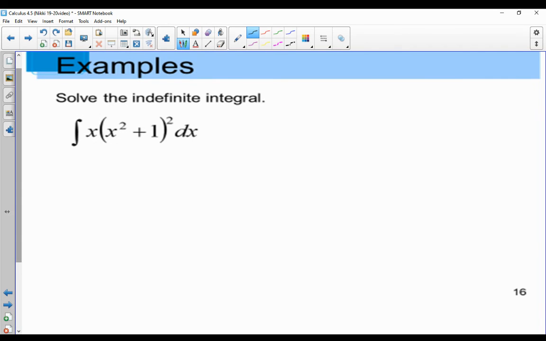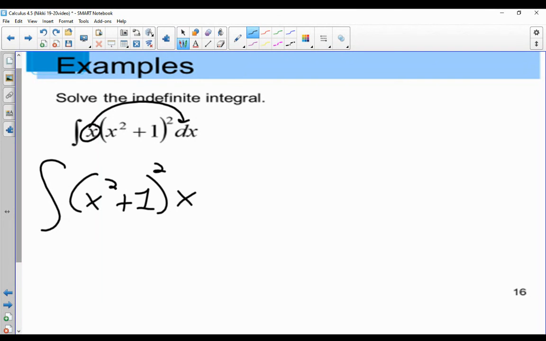So for starters, I'm going to rewrite the integral so that the x is with the dx. So now I'll have x squared plus 1 squared, and then I have x dx. And to start off, I'm going to take everything inside the parentheses, x squared plus 1, and label that with u.